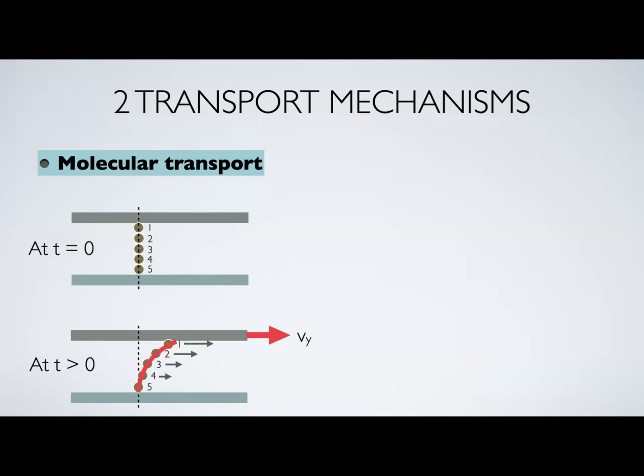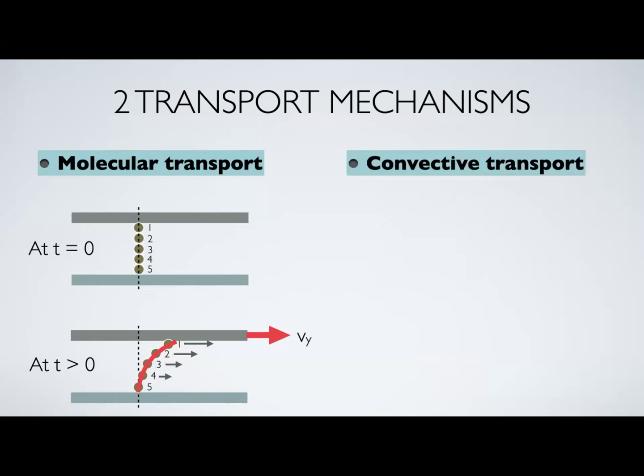This is the example of molecular transport that I mentioned, because we consider it as molecule-to-molecule transport among molecules that are close to each other. And you can see here that the medium is not moving. It's fixed along the y-axis.